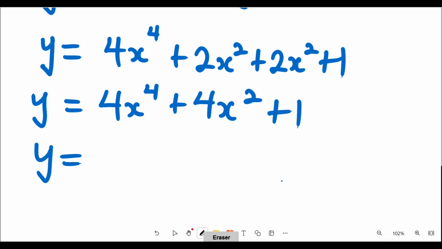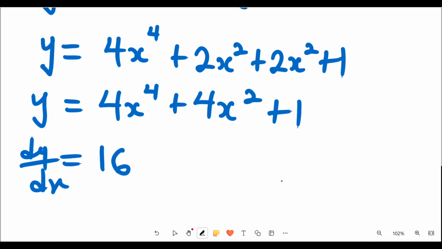That is the first rule that we have under the rules of differentiation. So our dy dx will be 4 times 4 will give us 16. Then we reduce the power, which is 4, by 1. So we're going to get exponent 3. Then we have 4x squared, so the power is 2. 2 times the coefficient of the term will be 8.